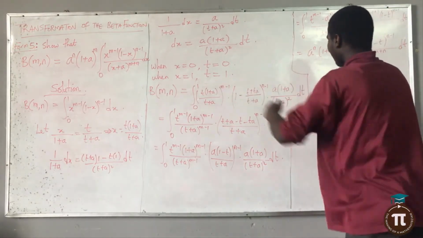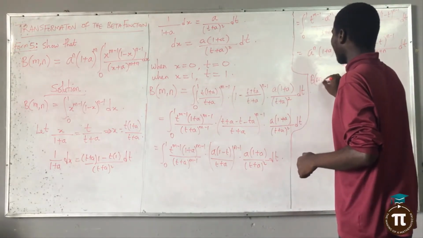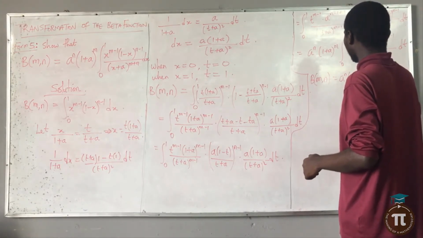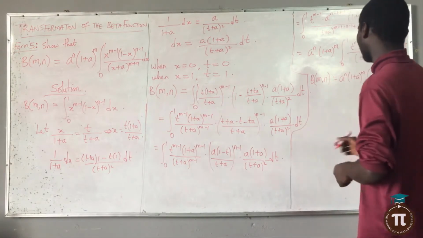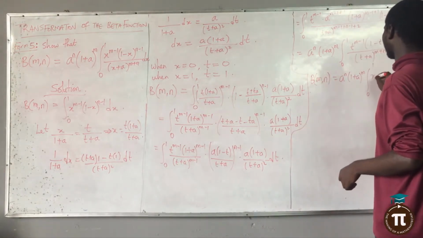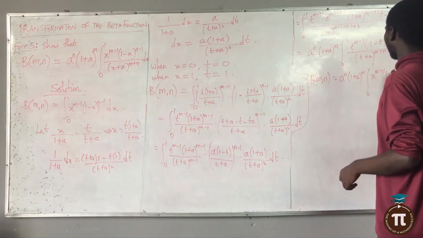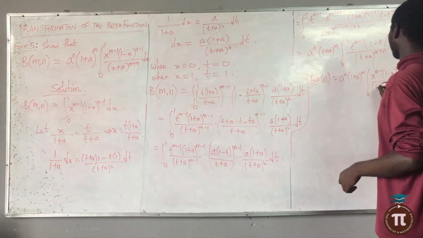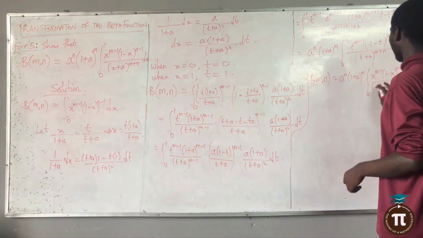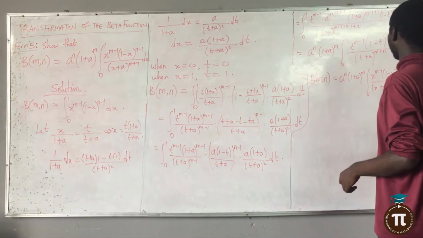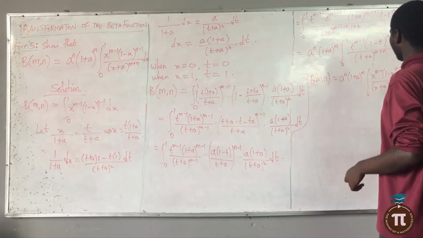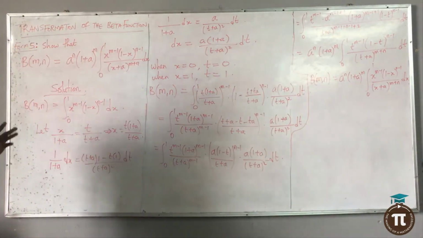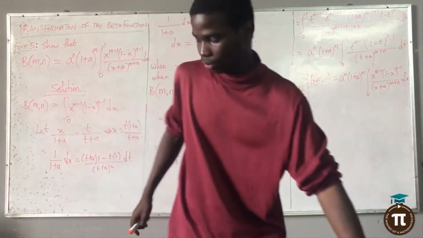So beta of m comma n will be equal to a raised to the power of n, 1 plus a raised to the power of m, integral from 0 to 1 of s raised to the power of n minus 1, 1 minus s raised to the power of n minus 1, all over x plus a raised to the power of n plus n dx. And that's all. That's all about that. From 6 is the next one we want to do.